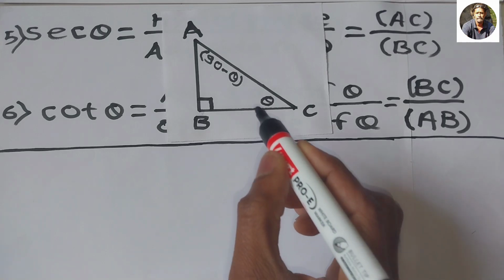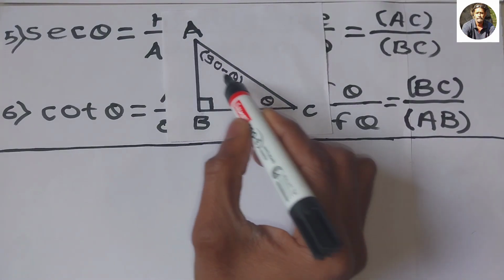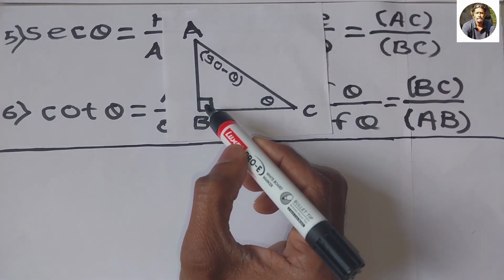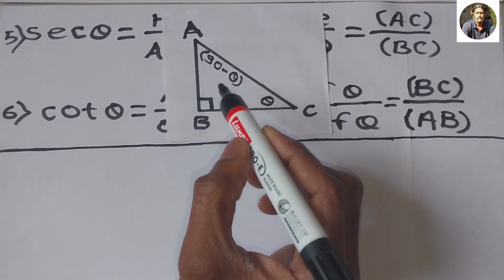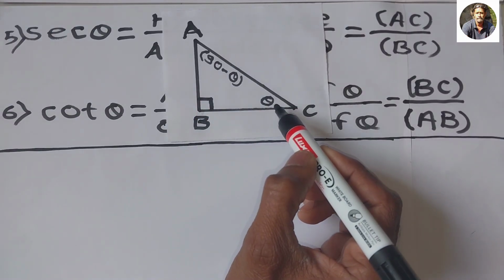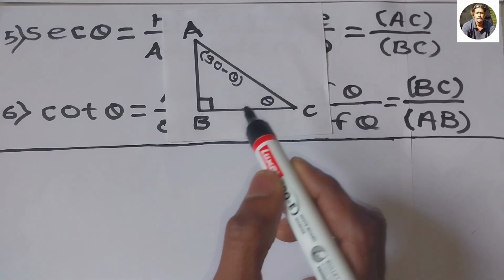Trigonometric ratios of complementary angles. Now this is right angle triangle ABC, and angle ABC is equal to 90 degree, that is right angle. Therefore, angle A and angle C are complementary angles, means sum of their measures is 90 degree.